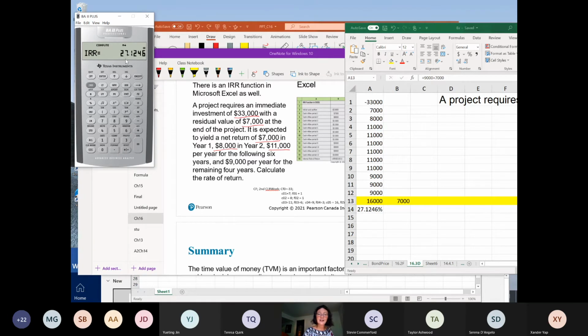See, you get exactly the same number as I get here, 27.1246%. Okay. Any questions?